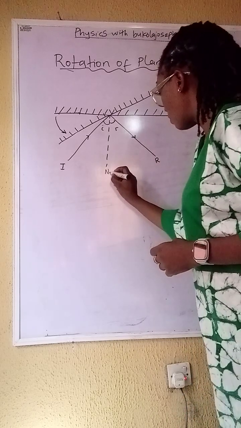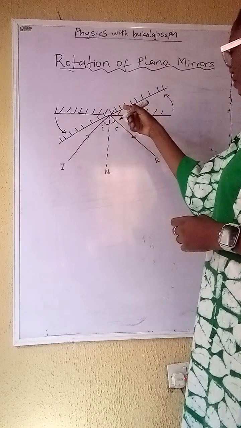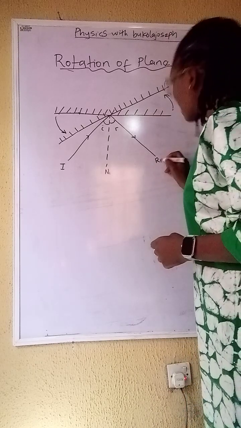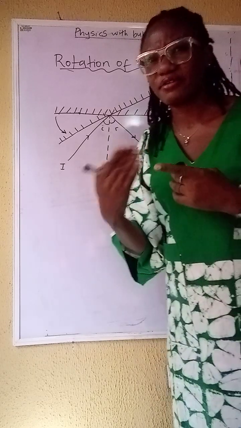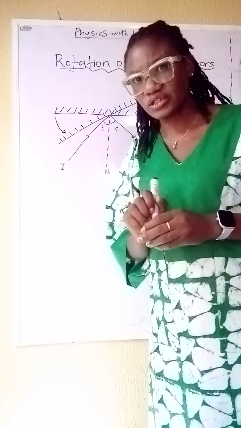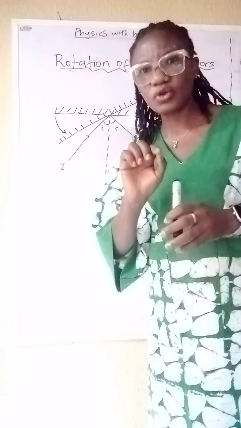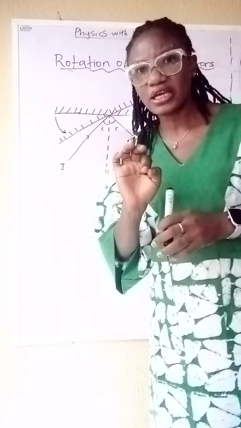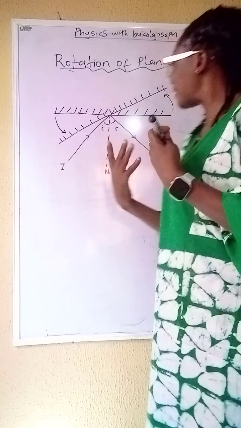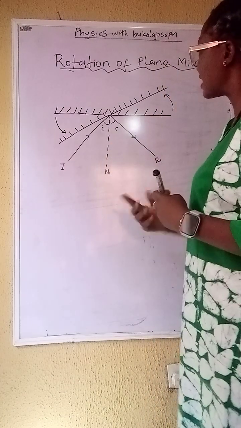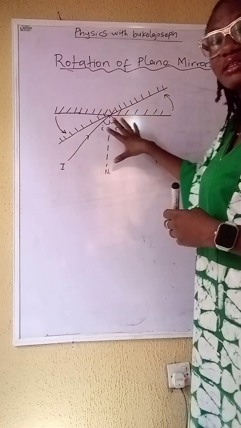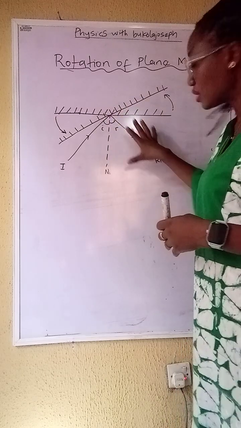Let's label this normal one, because we are going to have another normal for this mirror. And let's label this R1, because we are going to have another reflection. The incident ray is not changing; we are still maintaining the incident ray. When an incident ray of light hits a plane mirror, reflection happens.